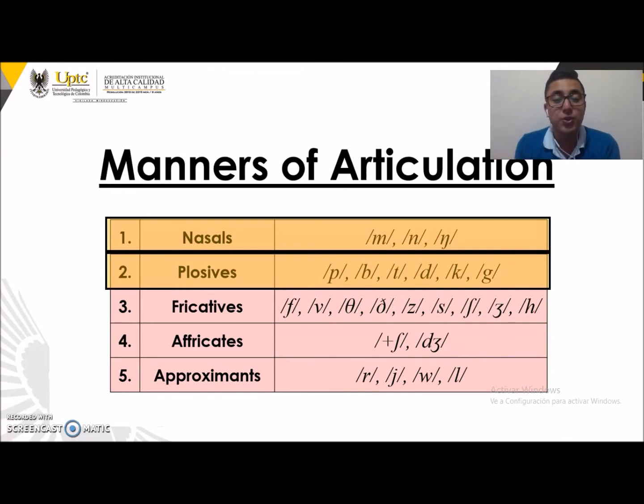The next video, which is going to be uploaded next week, is going to focus only on fricative, which is group number 3, and then in two weeks a new video is going to focus on affricates and approximants. So by the end of the course we are going to learn the consonant sounds in three different videos.